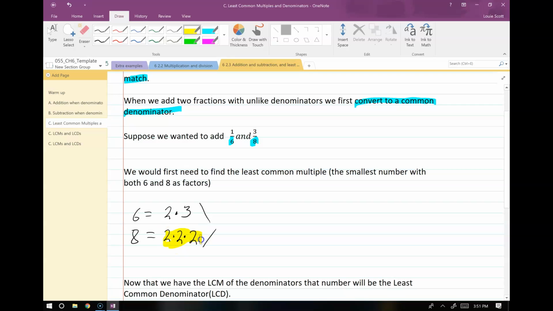I'll just choose 8, 2 times 2 times 2. Then we multiply it by any factors that it's missing from the other. I have three 2s, so the 2s are all covered. I just need to multiply this by 3 to get the number I'm looking for. That gives me 24.